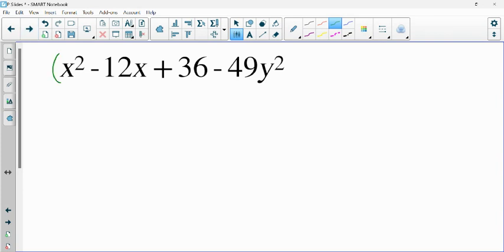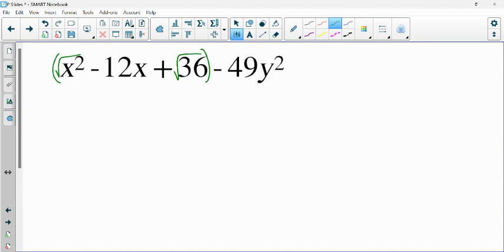So I'm just going to put parentheses around my first three terms. That's my grouping. Notice I have a 1 in front, so I have a 1x squared, which is a perfect square. I have a 36, which is a perfect square, so I could do that perfect square trinomial, or you could factor with SAM. I'm going to work on the perfect square trinomial.